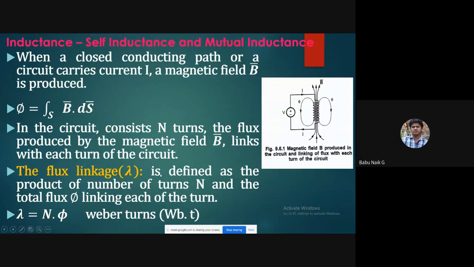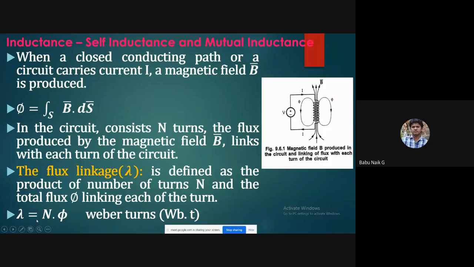The flux linkage is defined as the product of the number of turns N and the total flux phi linking each turn. It is denoted by lambda.